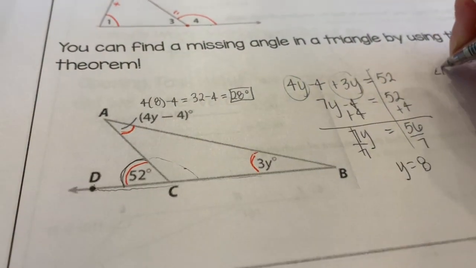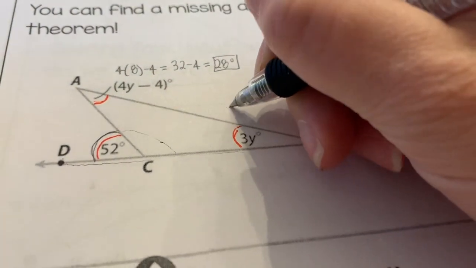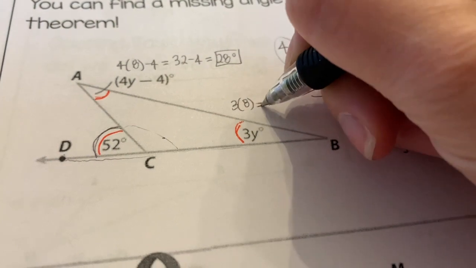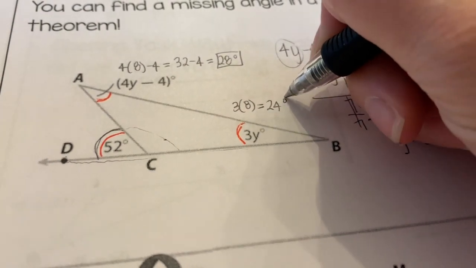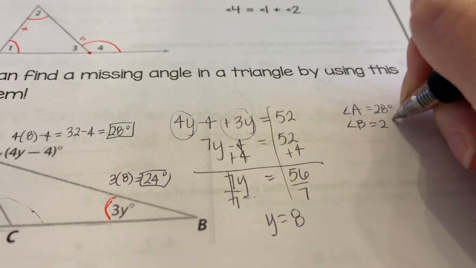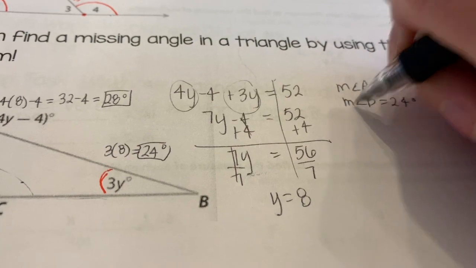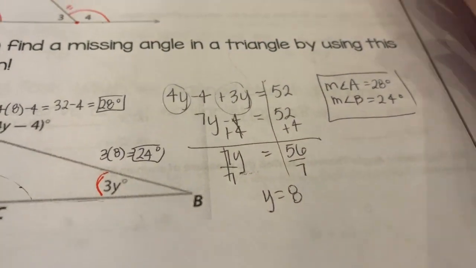So angle A is 28. And angle B is 3 times 8, which is 24 degrees. So angle B is 24 degrees. Okay? And it's really the measure of angle A, measure of angle B. And that's how you would solve it.